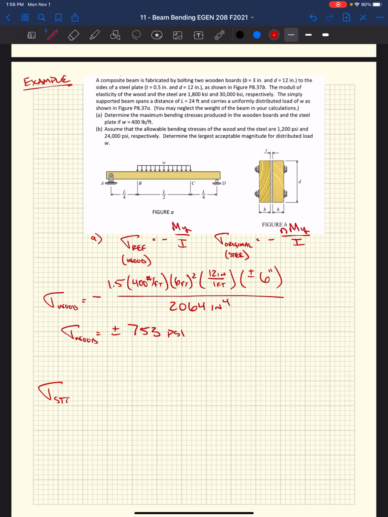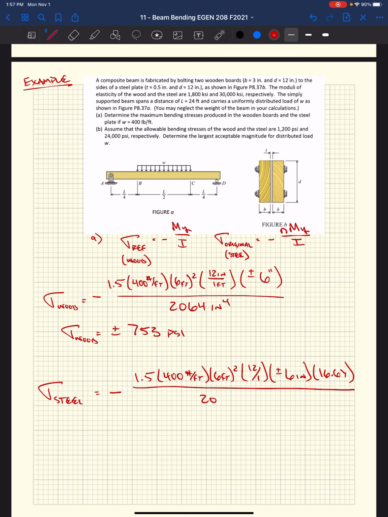We know the steel: minus 1.5 times 400 pounds per foot times 6 feet squared times 12 over 1 times plus or minus 6 inches times our n ratio, 16.67, all divided by 2,064 inches to the fourth.